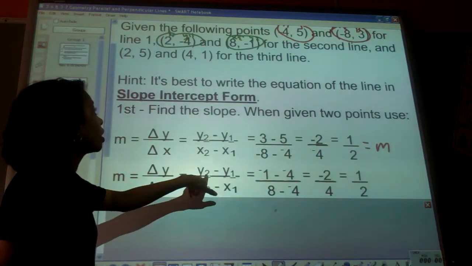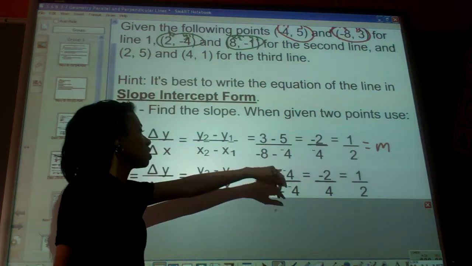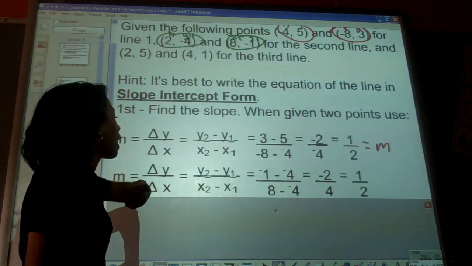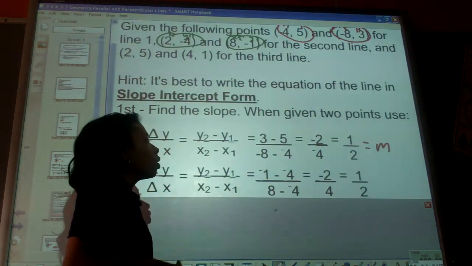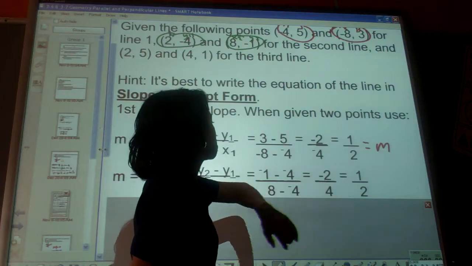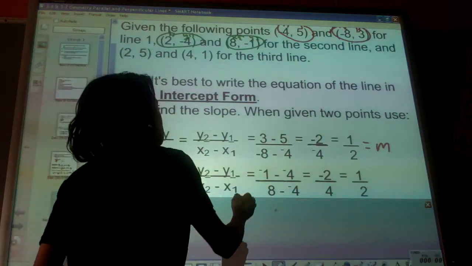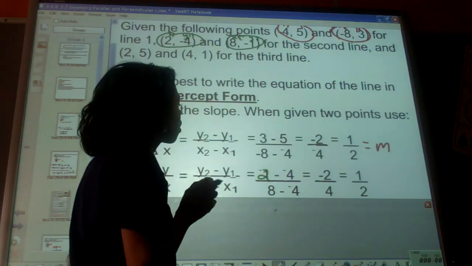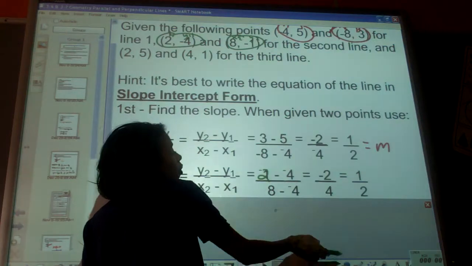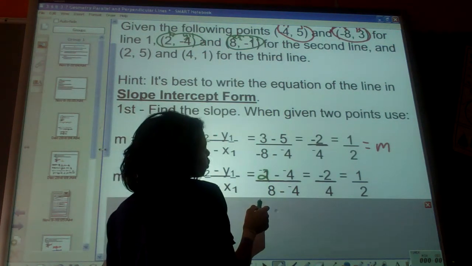And substituting in here, y sub 2 will be negative 1 minus y sub 1, which is minus a negative 4, divided by x sub 2, which is going to be 8 minus a negative 4, which equals, in this particular case, negative 2 over 4, so I must have wanted this to be a 2. Up there, it looks like I wrote the wrong value in, but negative 2 over 4 would be a negative 1.